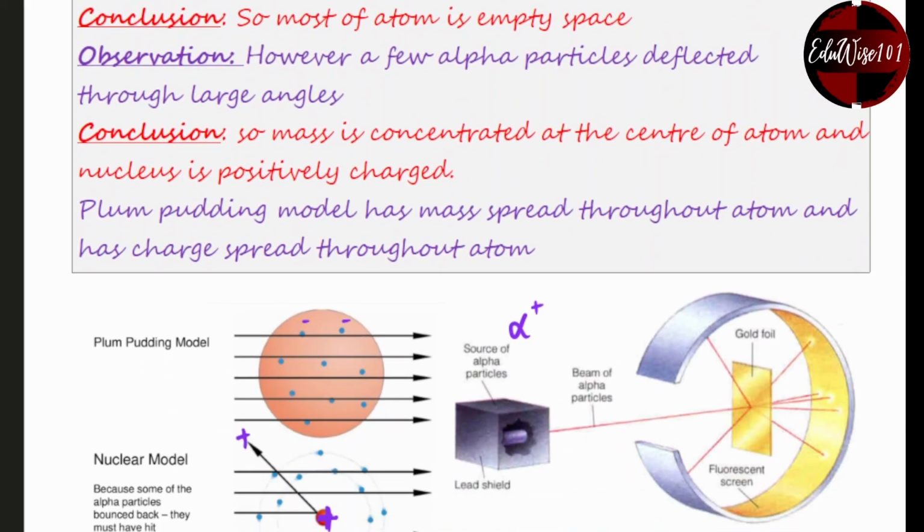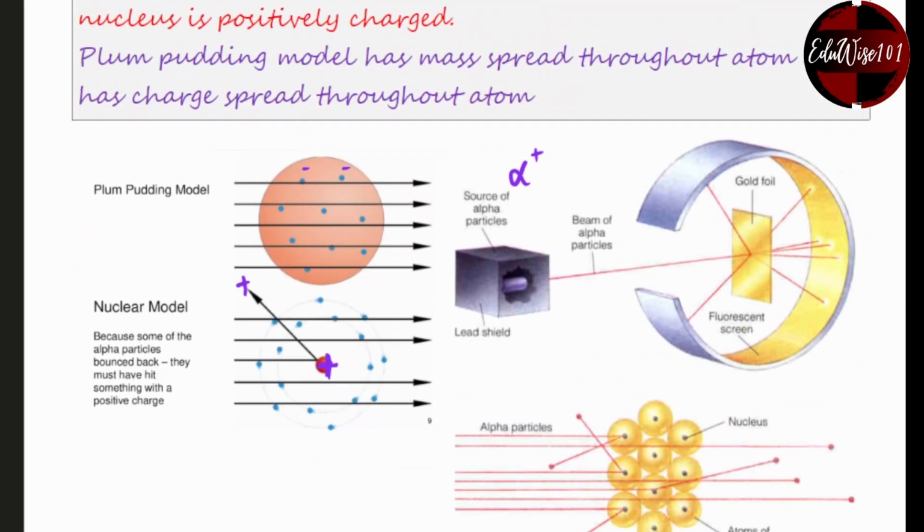Now, there's a different model which was used further on from the nuclear model, which is Bohr's model, which indicated that electrons are in different shells, as they've shown you here. You don't really need to know that for this answer, but it is worthwhile understanding the sequence of models for the atomic structure.